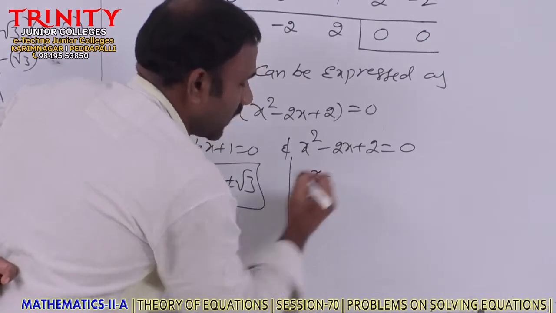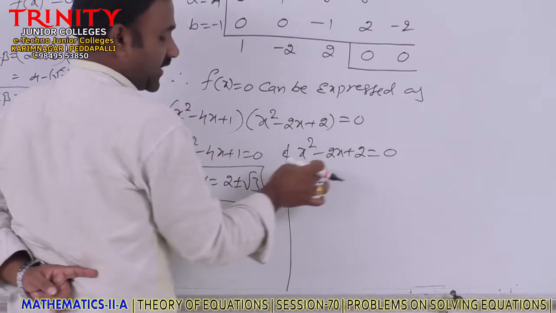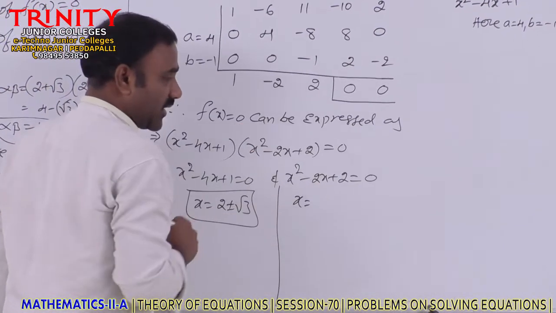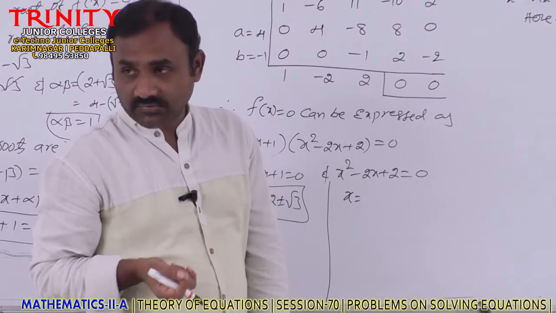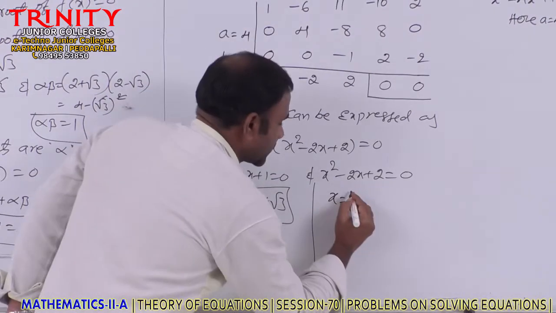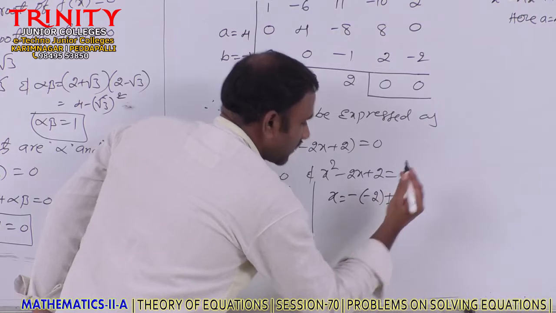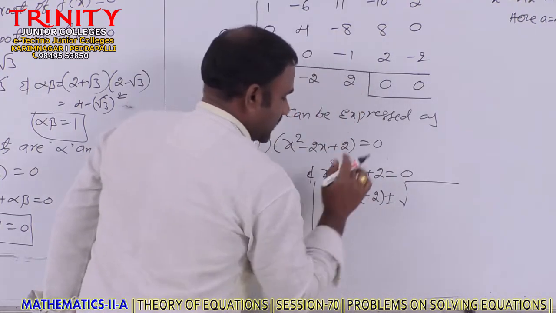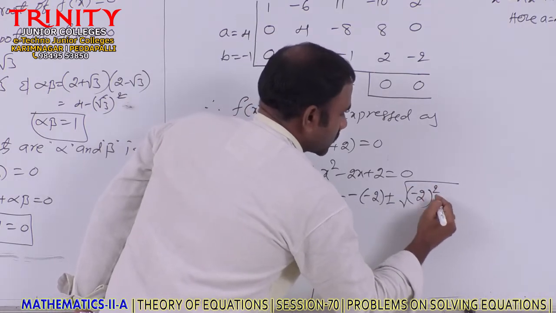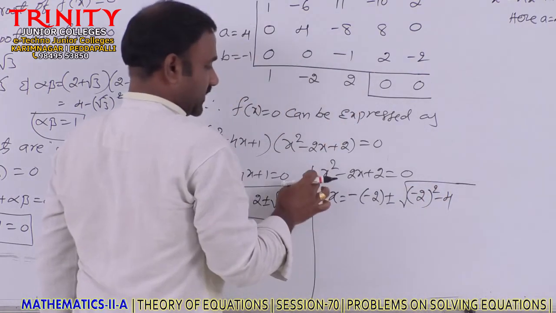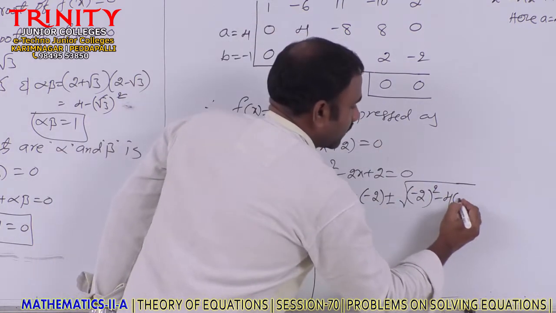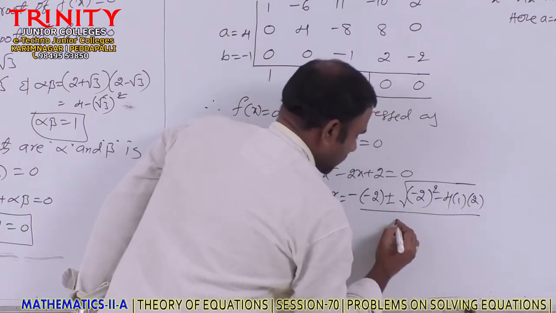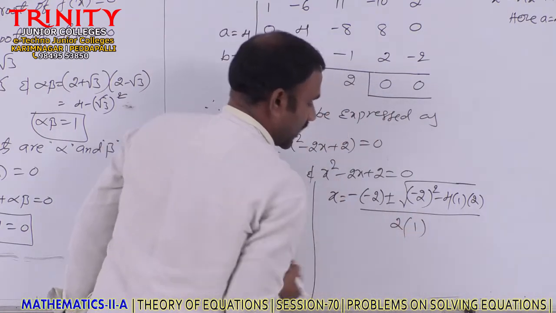X is equal to minus b plus or minus, the formula. Why? Because here factors are not possible. Factorization is not possible. That's why we are going to the formula: minus b plus or minus under root b square minus 4ac by 2a. Therefore, minus of minus 2, plus or minus under root b square, minus 2 whole square, minus 4ac, where a is the x square coefficient and c is the constant, divided by 2a, which is 1.